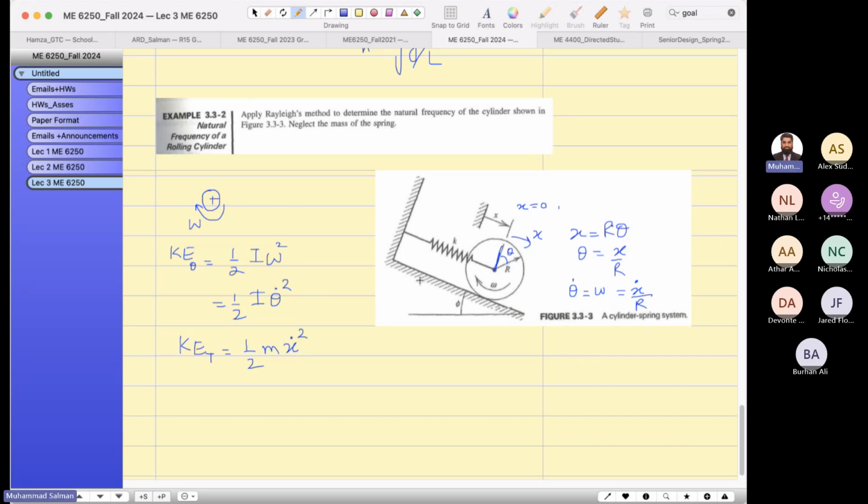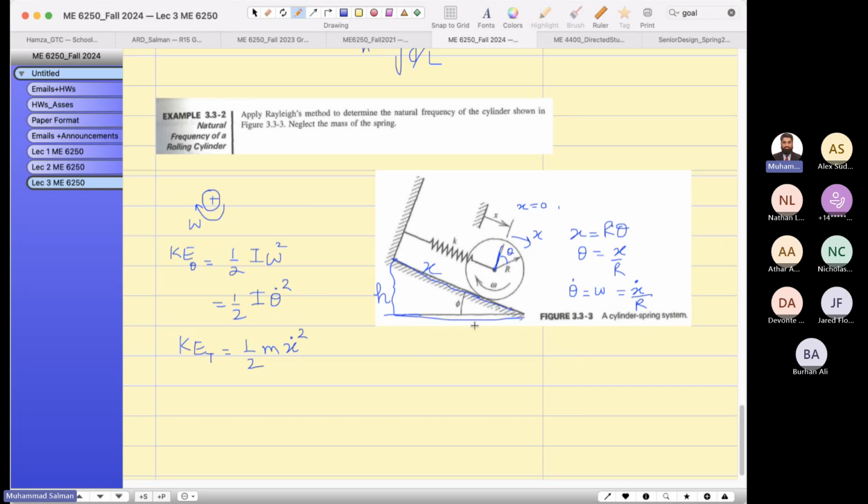So if I take a look, suppose this is my h, and this is my x, so it's like a big triangle.